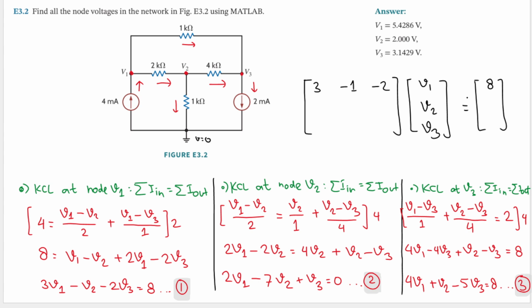That is the first equation. The second one is 2, minus 7, and 1, and that will equal 0. And here we will have 4, 1, and minus 5, and all of that will equal 8. Now we just need to solve for V1, V2, and V3. We can do that using a calculator, but let's clean all of this first.